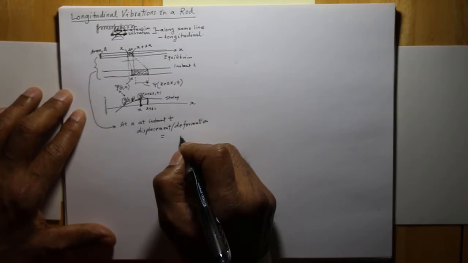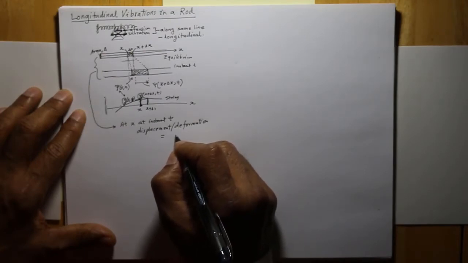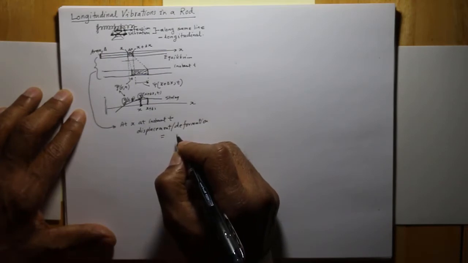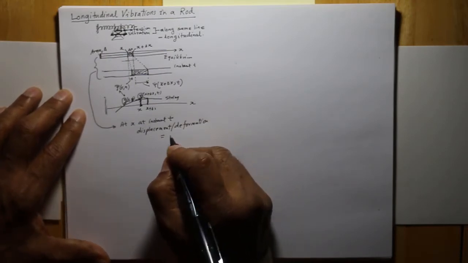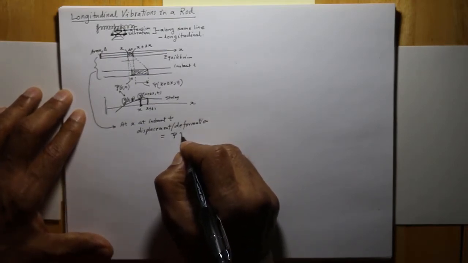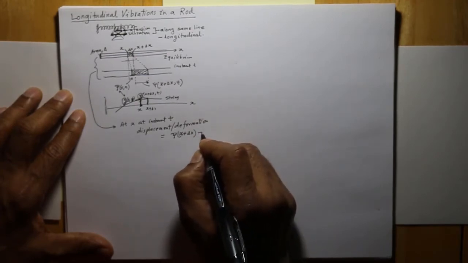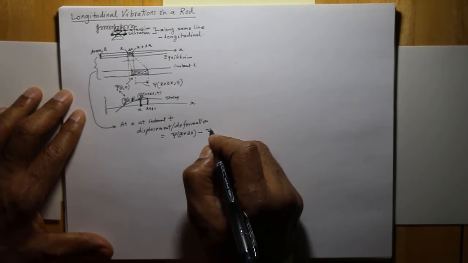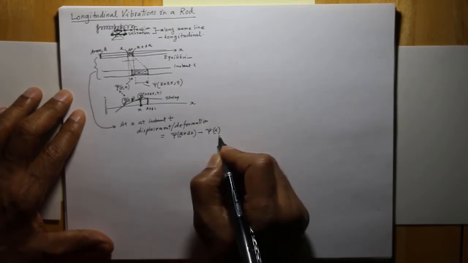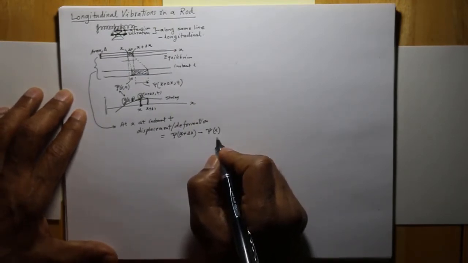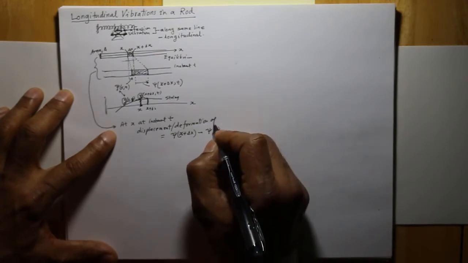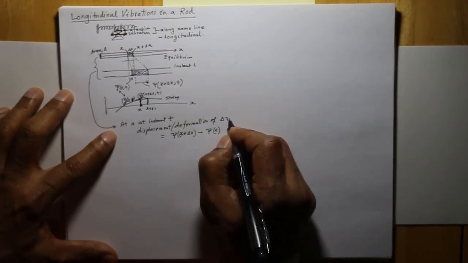So we define psi of x plus delta x minus psi of x. That tells us the deformation of an element which is of size delta x.